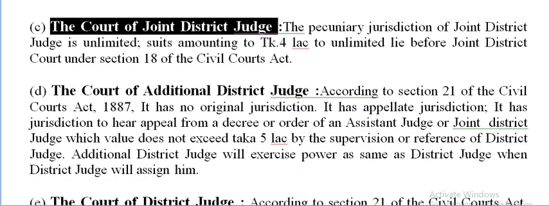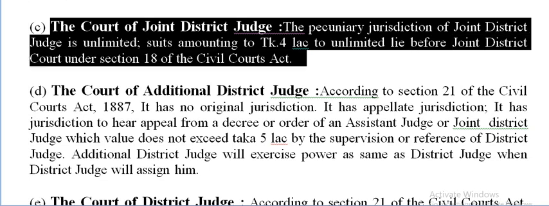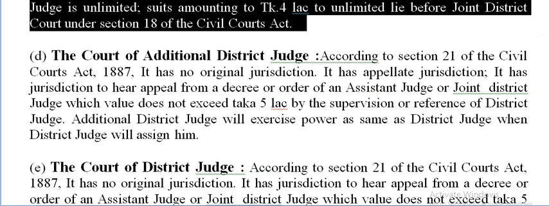And the courts of joint district judge: the pecuniary jurisdiction of a joint district judge is unlimited. Suits amounting to Taka 4 lakhs to unlimited lie before the joint district court under Section 18 of the Civil Courts Act.